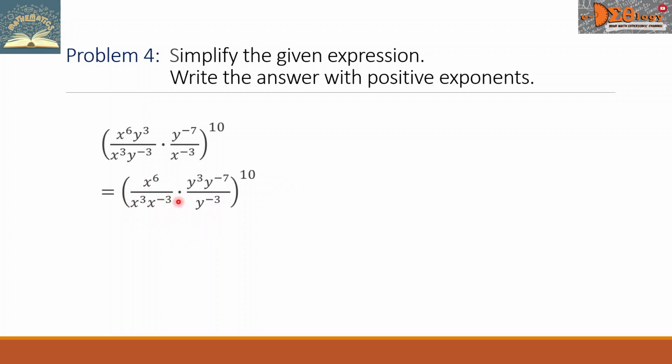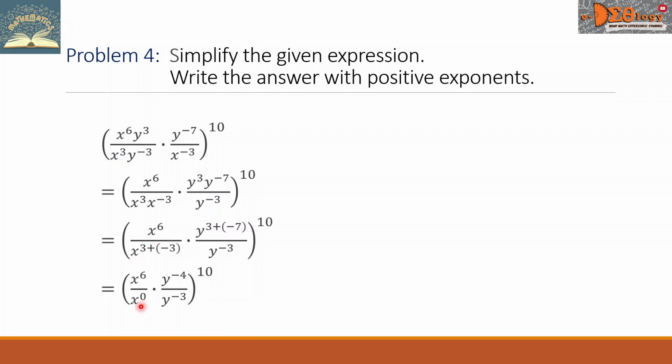Let us simplify this denominator and this numerator. For this denominator, x cubed times x raised to negative 3, it becomes x raised to 3 plus negative 3. And for this expression, it becomes y raised to 3 plus negative 7. For this denominator, we have x raised to 0. And for this numerator, we have y raised to negative 4. We know that this x raised to 0 is simply 1. And then we simplify this fraction.